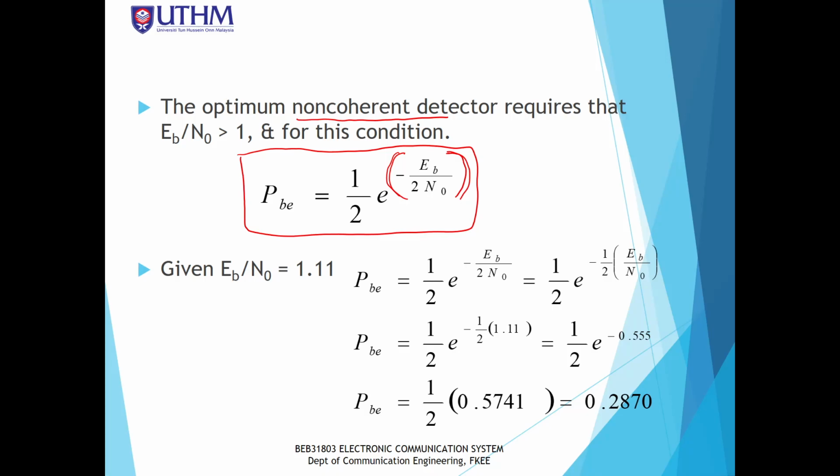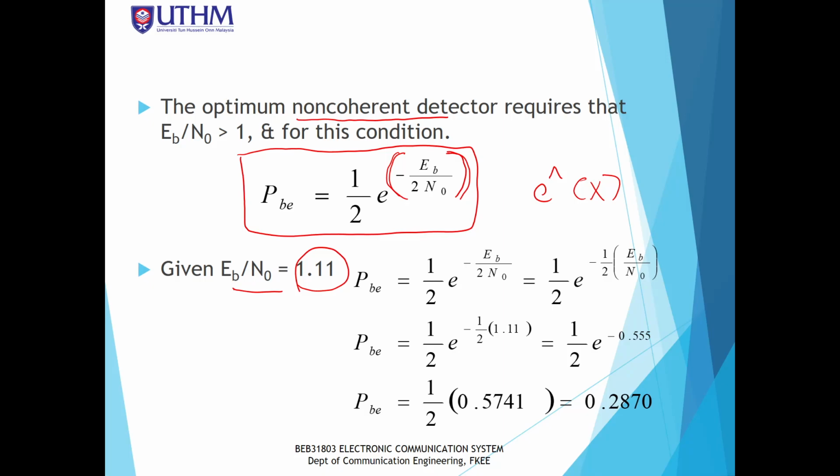If I press Shift Ln, it will produce e power of something like this, so I just need to put in the value. So here, given EB over N0 is 1.11, find the probability of bit error if you use a non-coherent detection at the receiver.